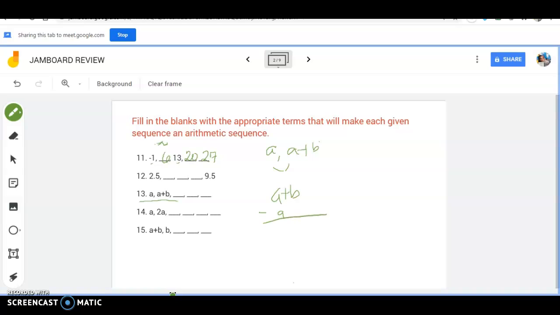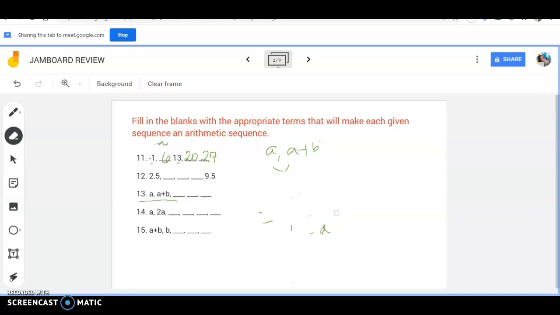In algebra, we need to put together the like terms. Okay, since the A's are alike here and we are subtracting, we just cancel them and we will be left with B. Therefore, B here is our common difference. That means we add a constant variable, which is B, to our next term.